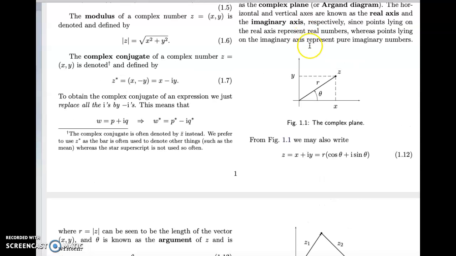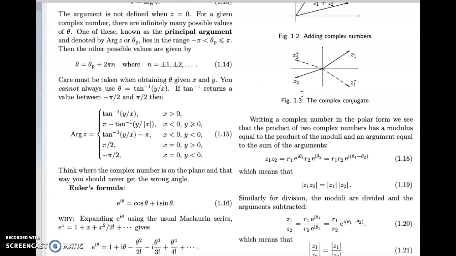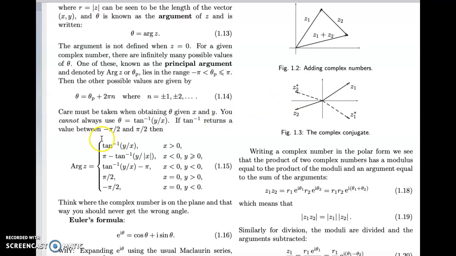But obviously, if the complex number is pointing in this direction here, you need an answer which is between pi and pi by 2. So you do have to watch out for that. If you want, this looks very complicated, but basically you can always just draw a diagram and work out what theta should be.